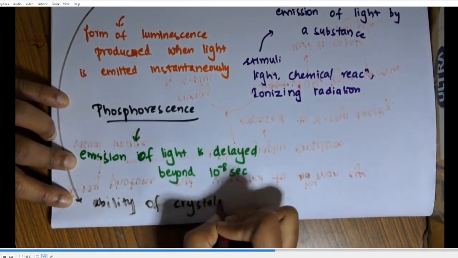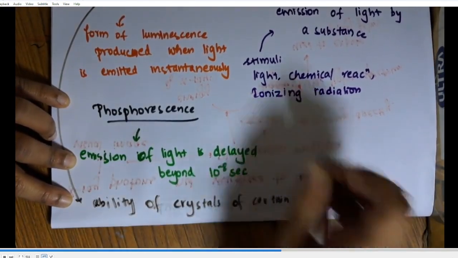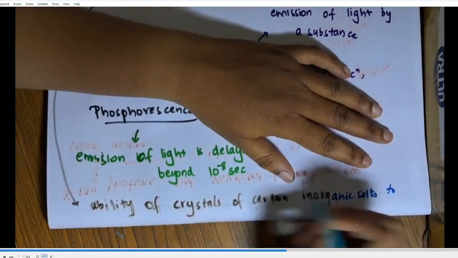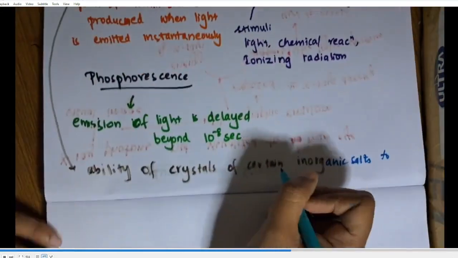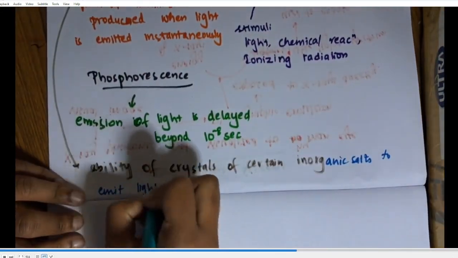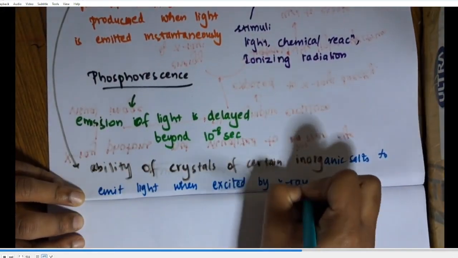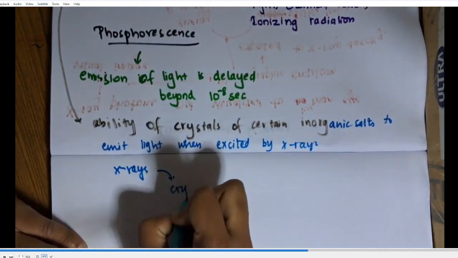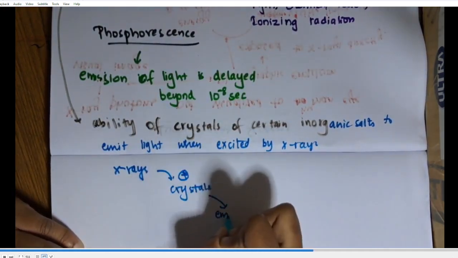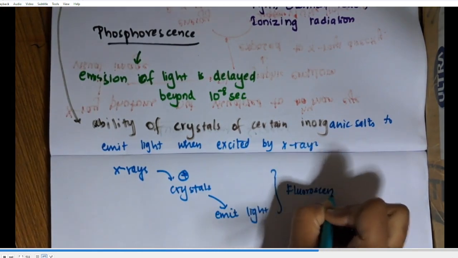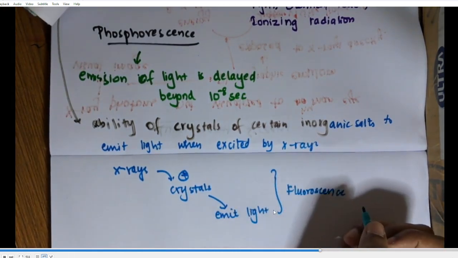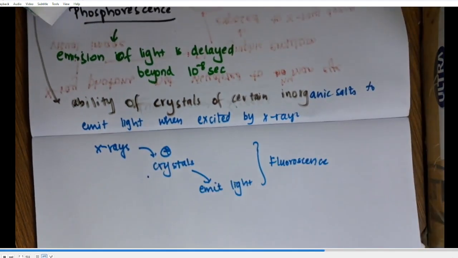Fluorescence is the ability of certain inorganic salts to emit light when excited by X-rays. When excited by the X-rays, the crystals of inorganic salts will emit light rays. This process is called fluorescence or phosphorescence.